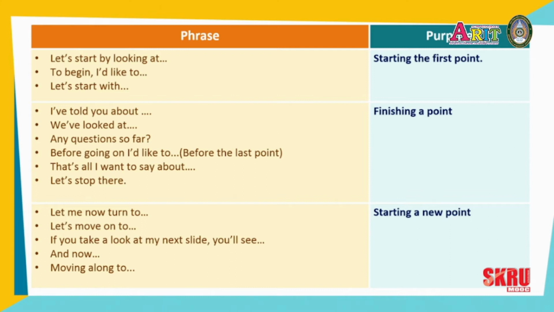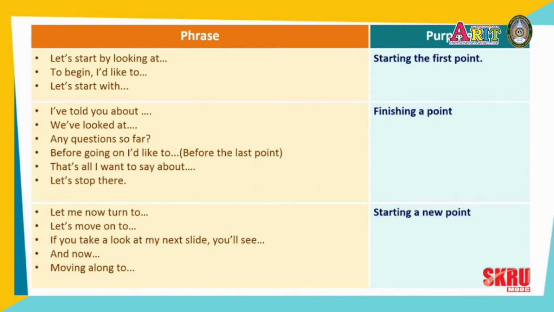Now, to finish any point, we have 6 phrases for you to choose from. Again, you don't want to use the same one each time, so you're choosing different ones. Our phrases are: I've told you about, we've looked at, and any questions so far?